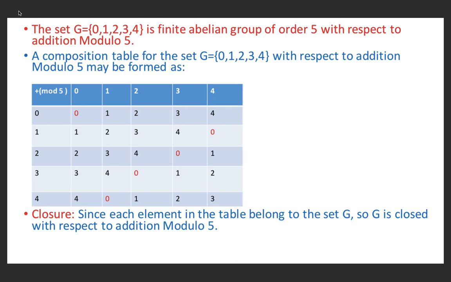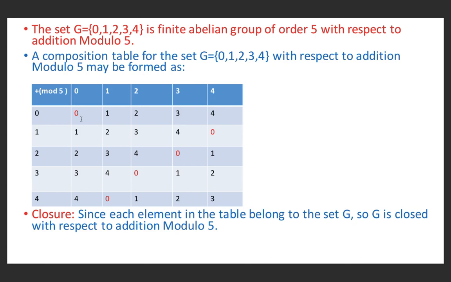To write the elements of the first row, we will add 0 to the elements of the top border row, because the operation is addition modulo 5, and then we will divide the resulting number by 5 and write the remainder in the first row. If we add 0 to 0, the resulting number is 0.